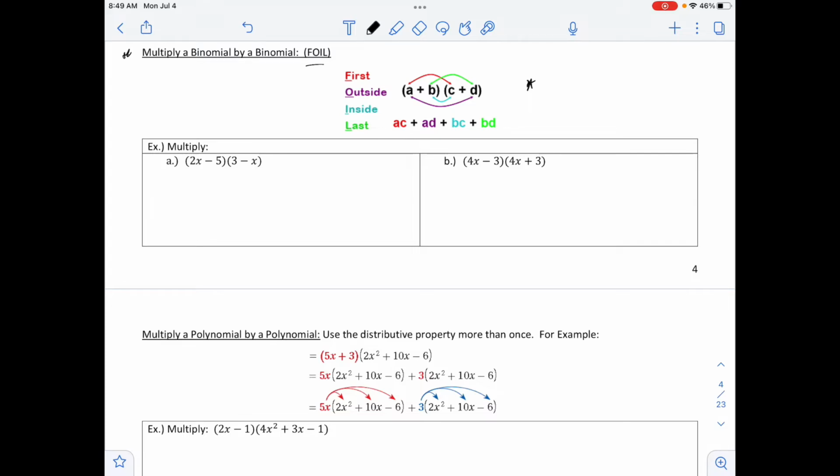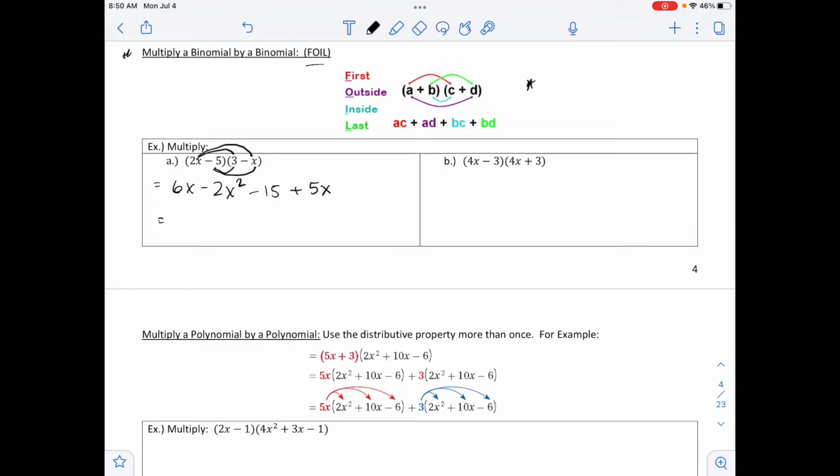Part A says 2x minus 5 times 3 minus x. So 2x times 3 would be 6x. 2x times negative x would be negative 2x squared. We have a negative 5 times 3, which would be negative 15. And negative 5 times negative x, or positive 5x. From here, we need to combine our like terms.